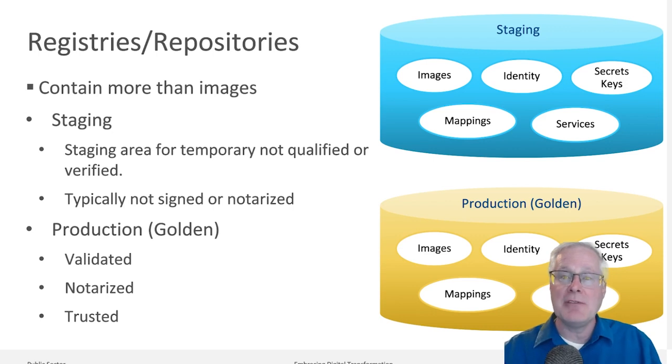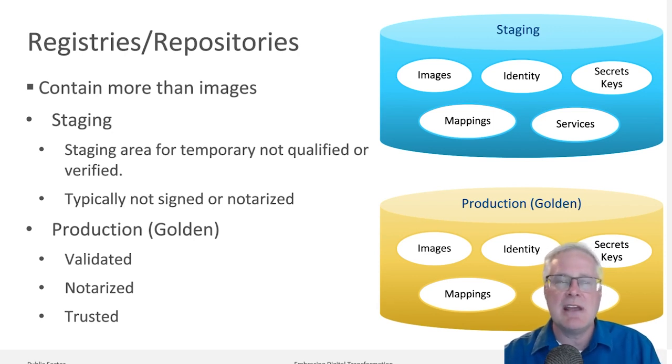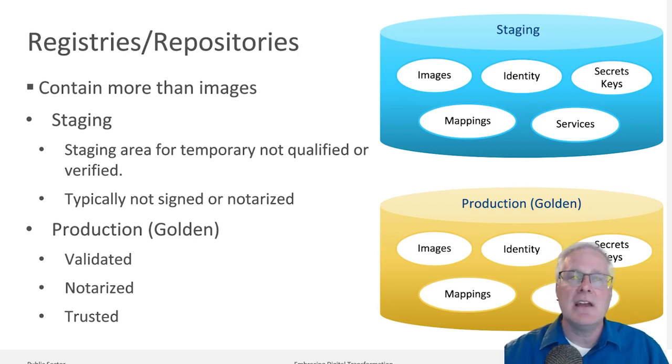But I can store other things in the staging repository. I can store identity for my identity management, any secret keys that I need for access to databases or encryption keys, all those things. In your staging area, this repository is where you're going to store all the things you need in order to move things into production.